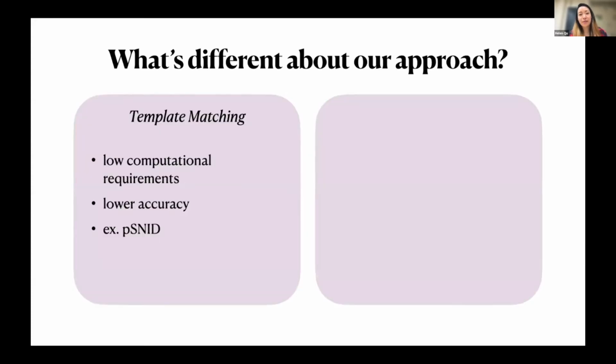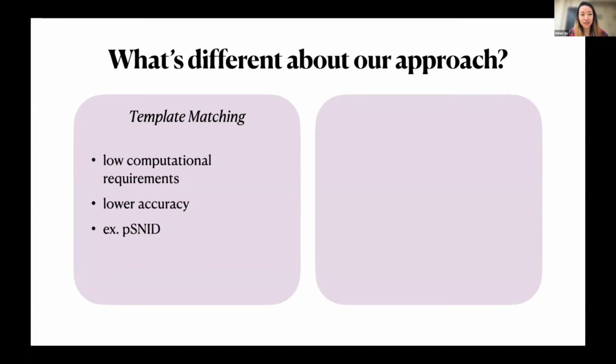So in order to talk about what's different about our approach to photometric classification, we should talk about the state of the situation at the moment. Again, this can be separated into two broad categories, the first of which is template matching. This approach doesn't have a lot of computational requirements, which is very good, but it compromises a bit on accuracy.